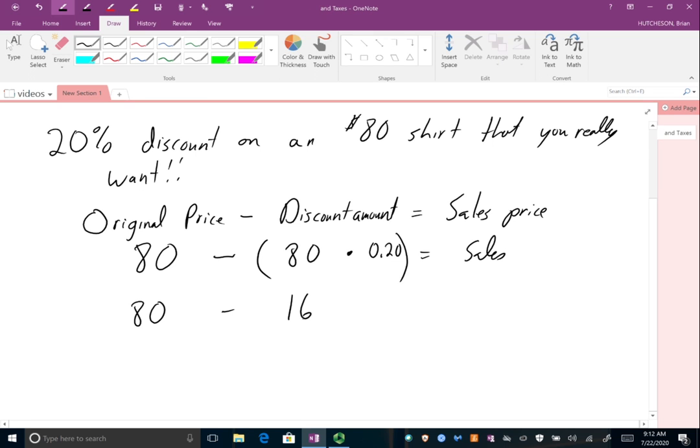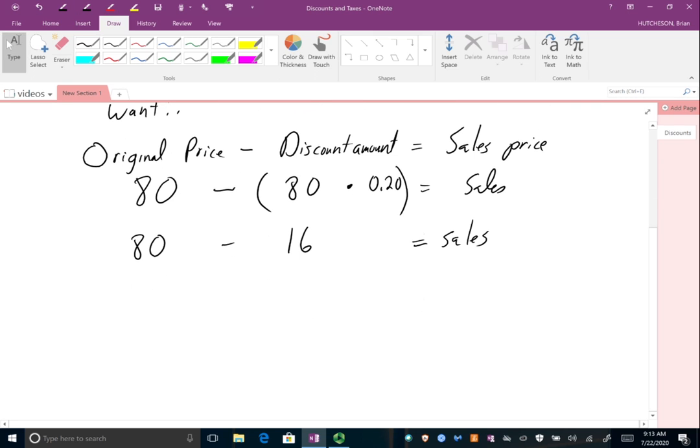Another way to think of it is 20% is what? A fifth? 80 divided by 5 is 16. That is equal to the discount. So 80 minus 10 is 70. 70 minus 6 is what? 64. That gets me to my sales price.